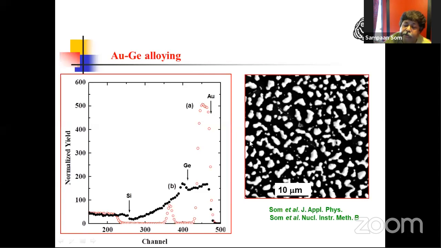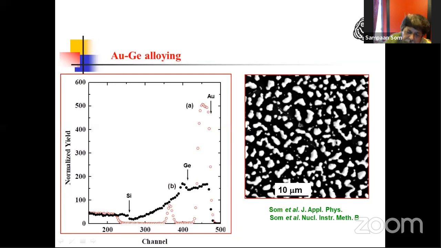Islands will have a certain height. You assume a single island, as if it's a tent-like thing. Just assume. So it has a height, and it has a base. And you can imagine towards the sides, the endpoints, there will be different thicknesses compared to the peak position of this height.